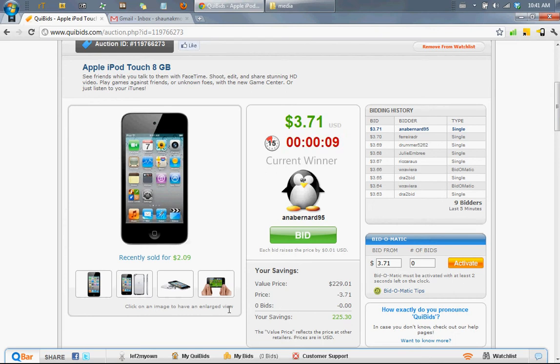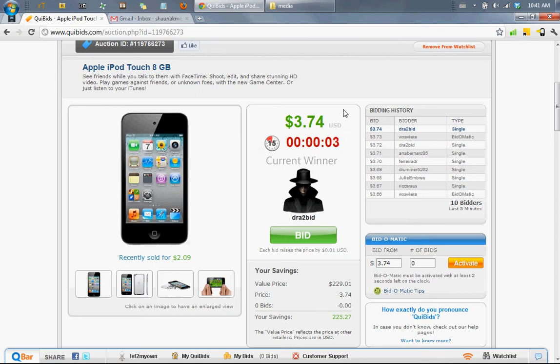Because it's probably going to be at least a little while before this auction ends. Now, say for instance this auction ended right now, it would show you how many bids the winning bidder placed to win the auction.